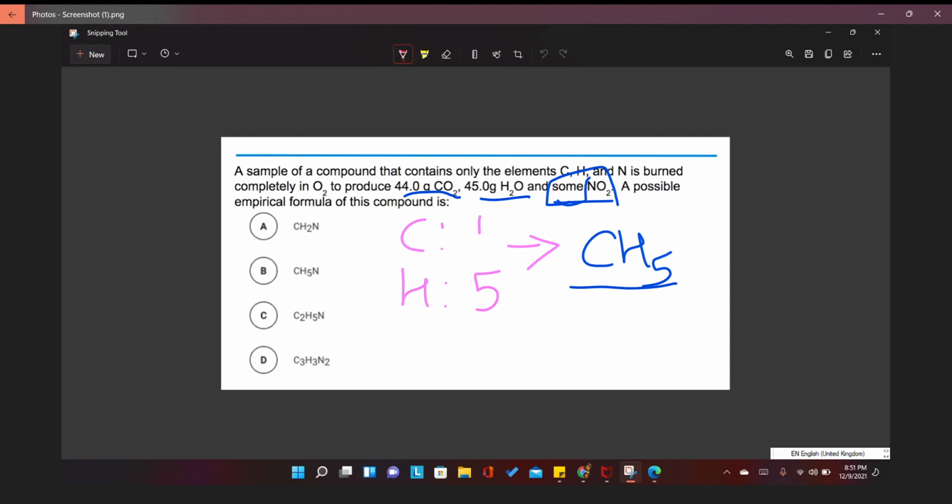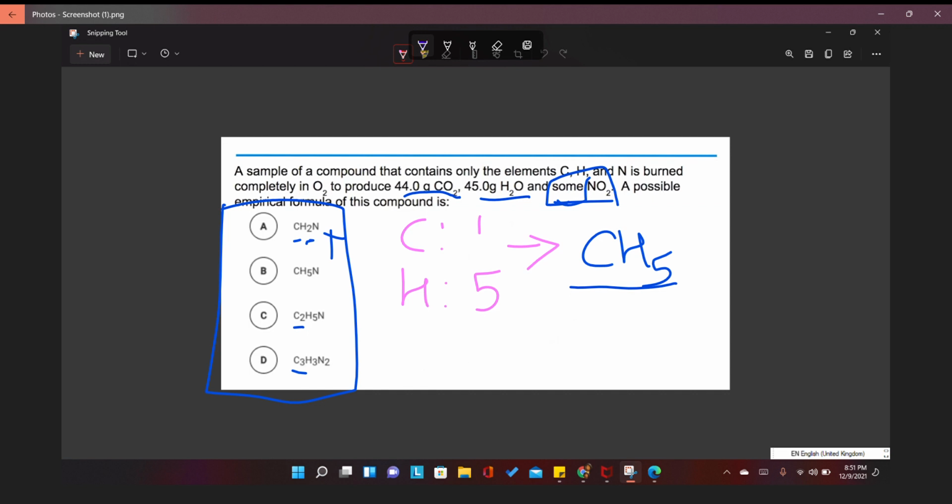So we have CH5, and if you look towards these options, you'll notice that there's only one option that contains CH5, because this one contains C2, C3, C. Yeah, there's a possibility, but it doesn't have H5, so this doesn't qualify.